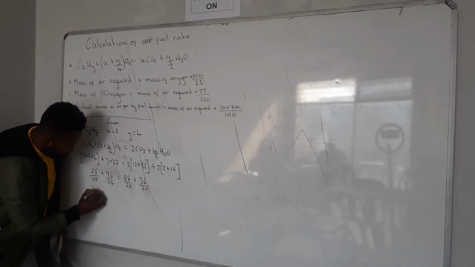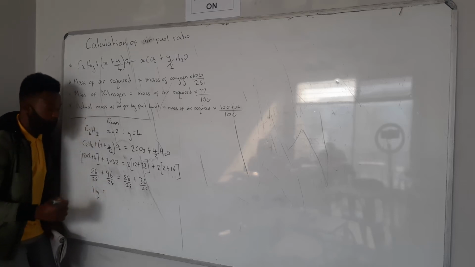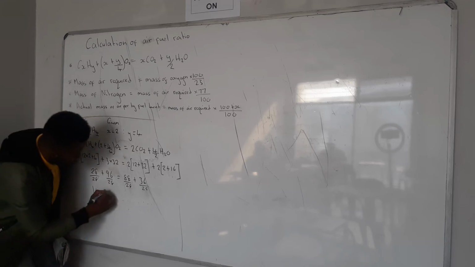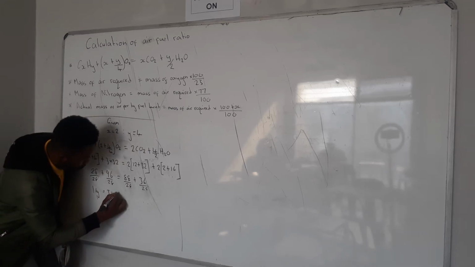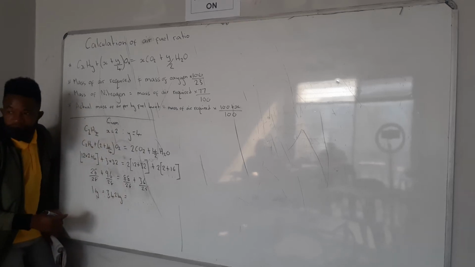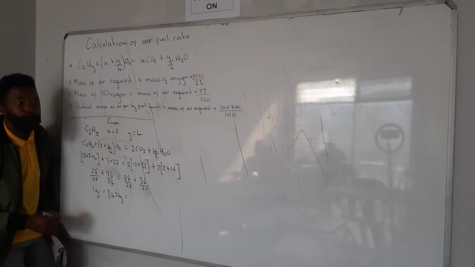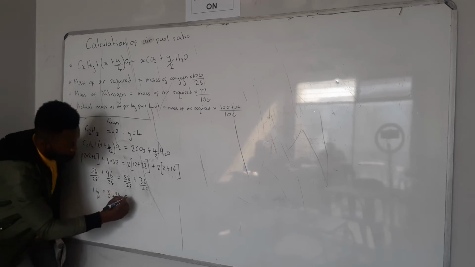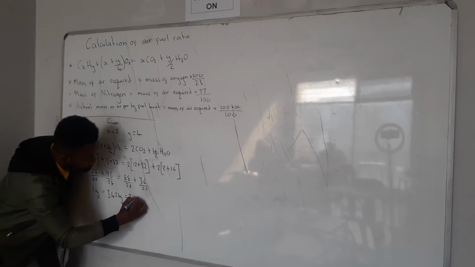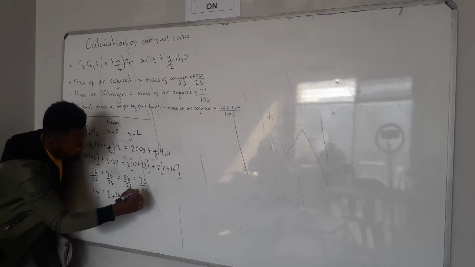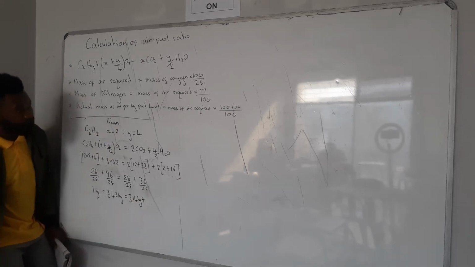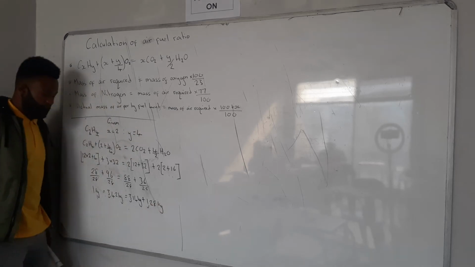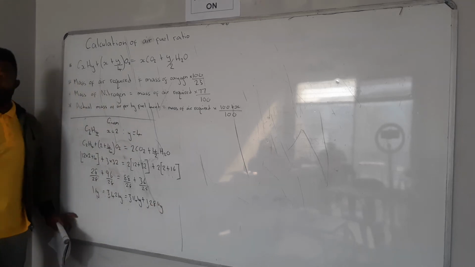Here I'm going to have 1 kg is equal to 3,42 kg, which is equal to the other one, 3,14 kg, plus the last one, 1,28 kg, né?